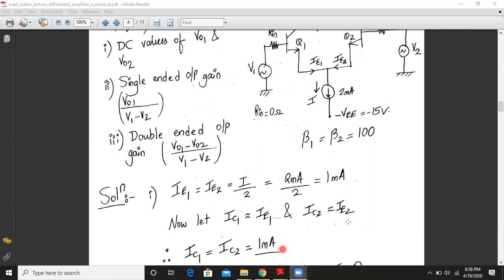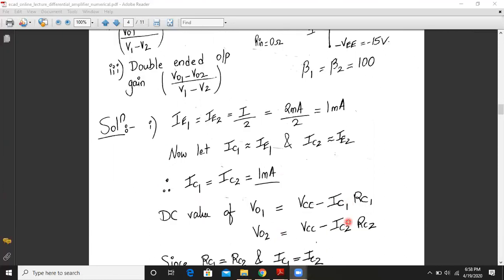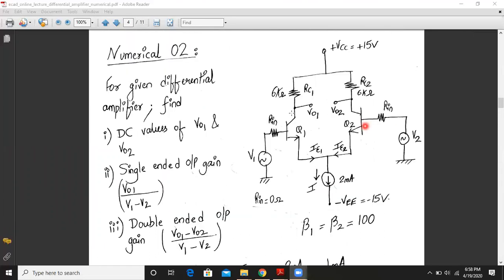Now we move on to the next topic, that is the DC value of VO1 and VO2. That is nothing but VC1 and VC2. If we apply a KVL over here, we will get VC1 is equal to VCC minus IC1 RC1, and similarly VC2 will be VCC minus IC2 RC2.